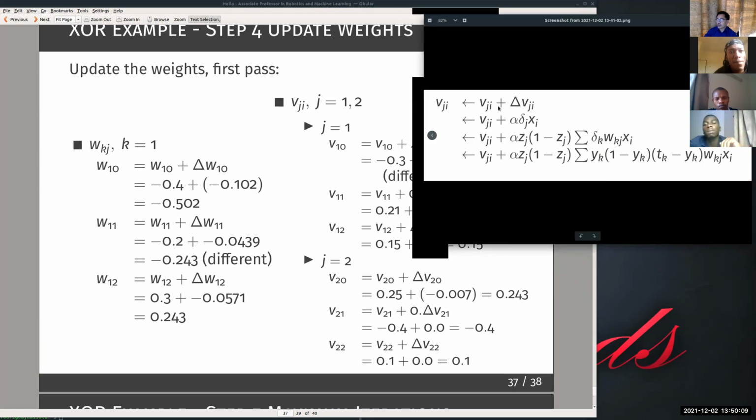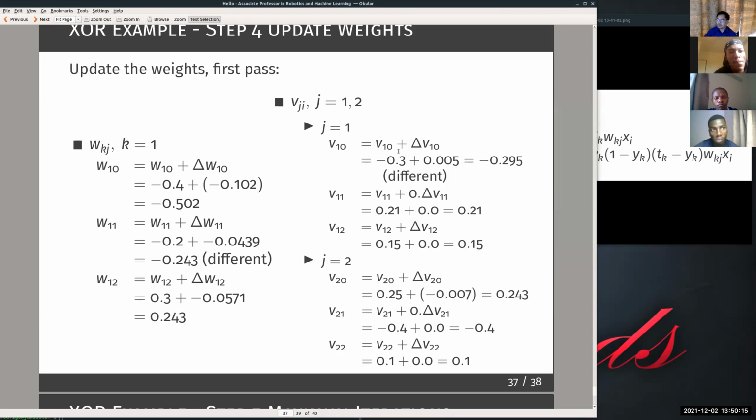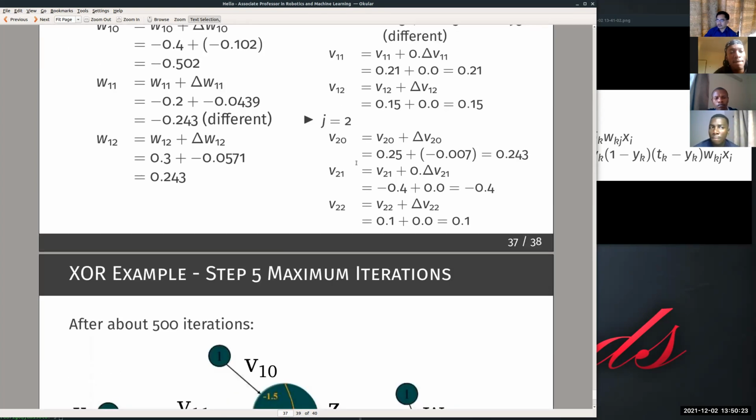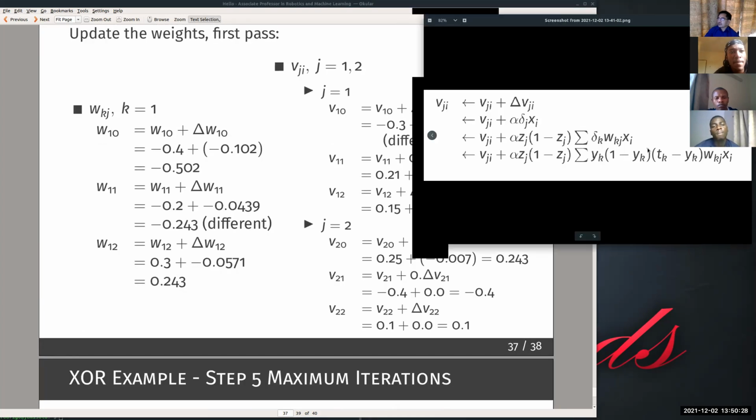So if it's j1 and j2, V1, because you have two outputs, V1 and V2.